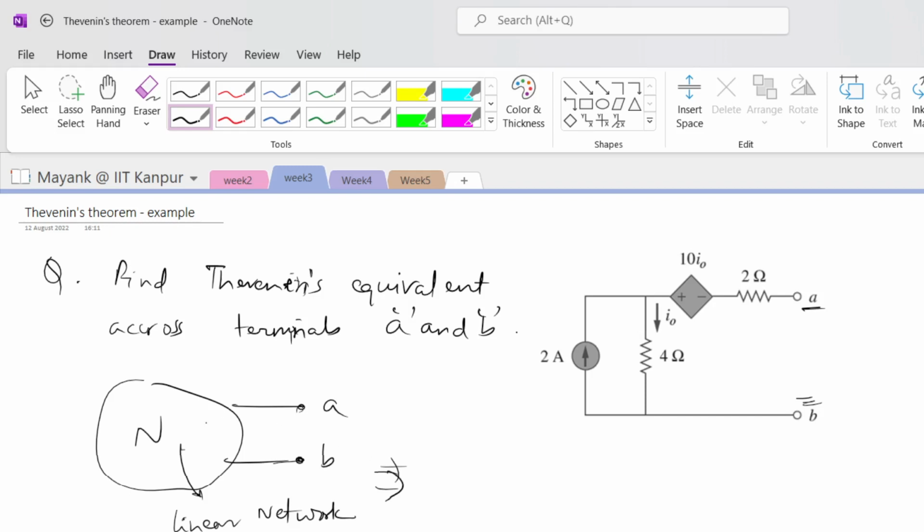This network can contain all sorts of things, like there can be voltage sources, resistances, capacitances, inductors and all.